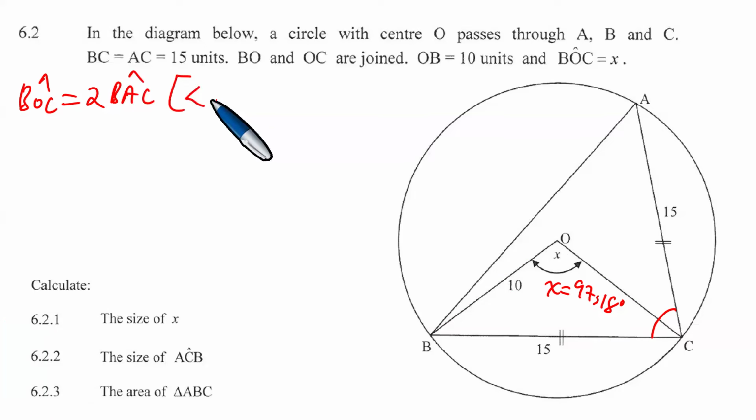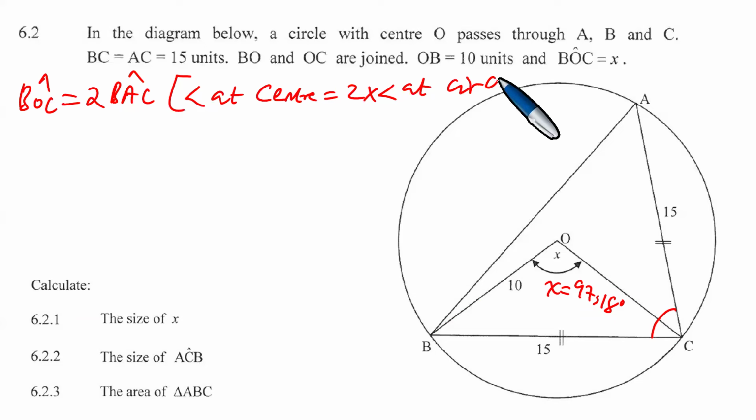Why? Because the angle at center equals 2 times the angle at circumference. The angle BOC is 97.18 degrees, and this is 2 times BAC.